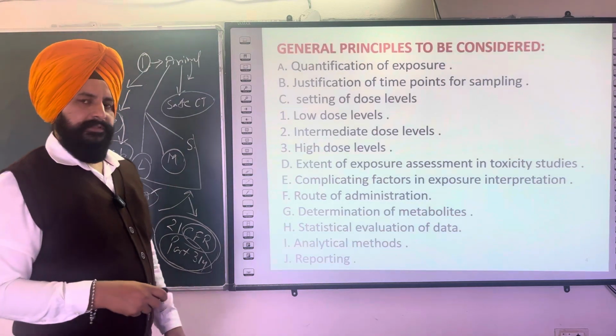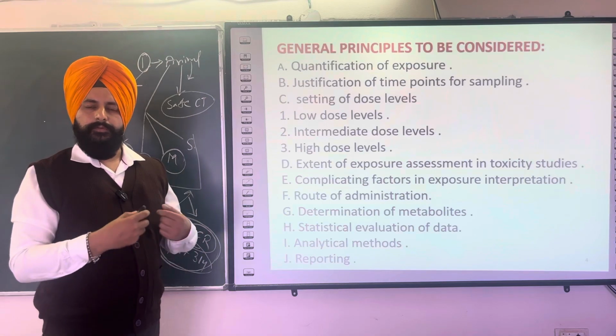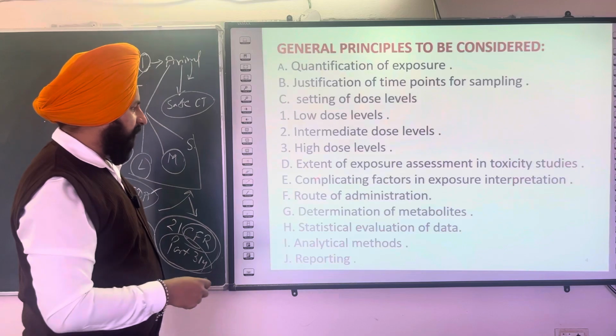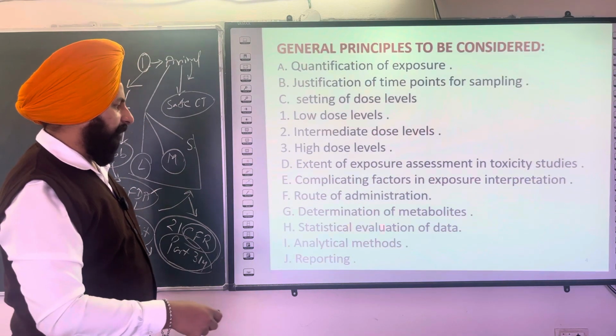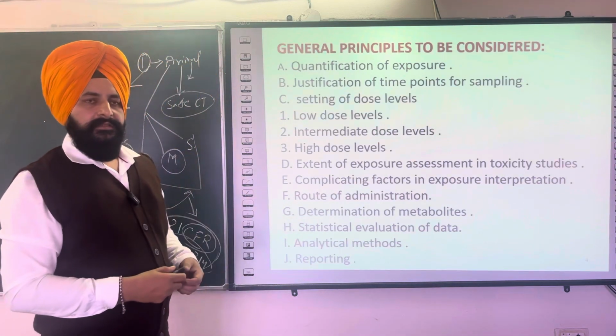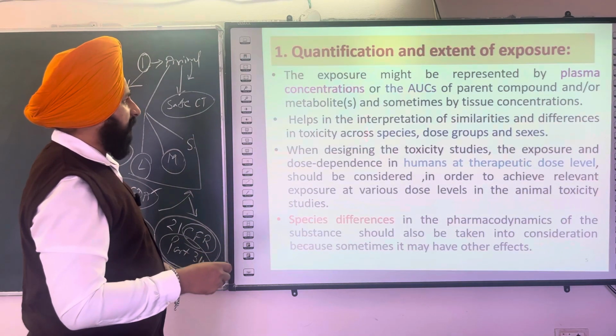Extent of exposure: how you choose whether the drug will be exposed for acute, chronic or subchronic toxicity on the animals. Then complications, route of administration, determination of metabolites, and statistical analysis, that is, what results you are getting after the statistical analysis.